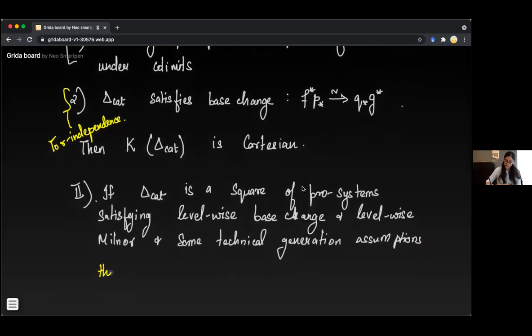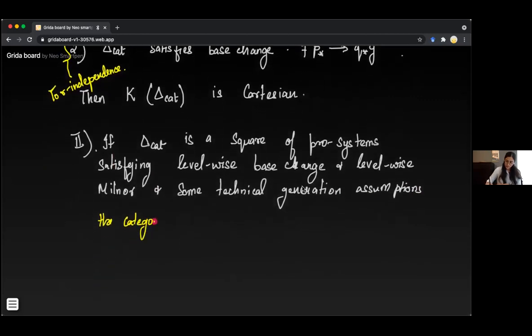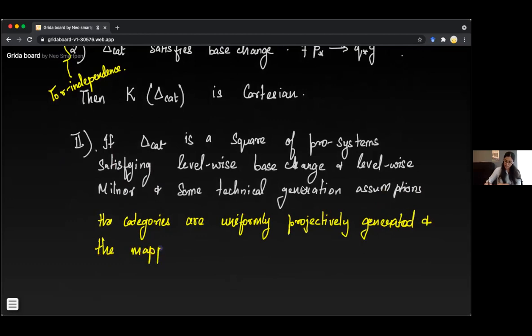The categories are uniformly projectively generated, and the mapping spectra of these generators are uniformly bounded.